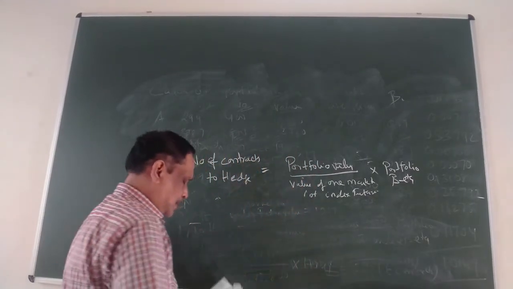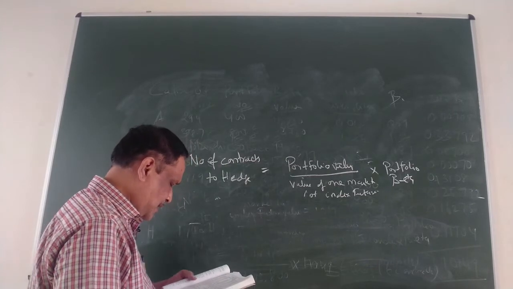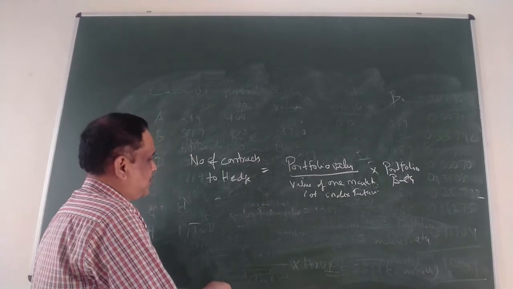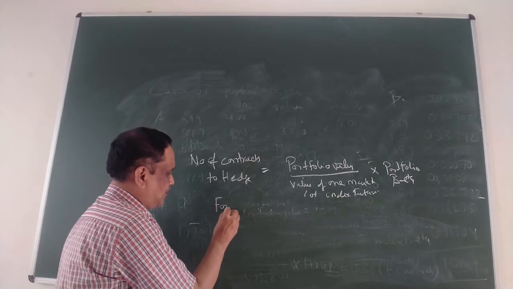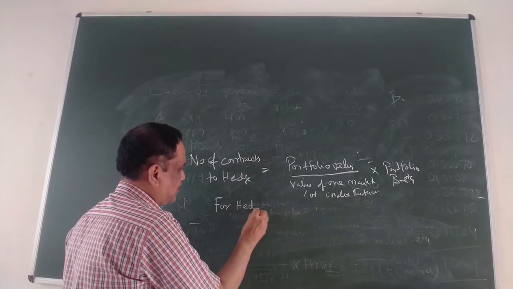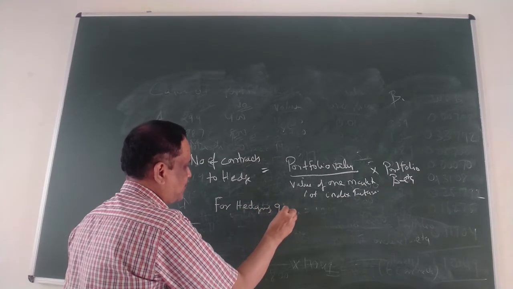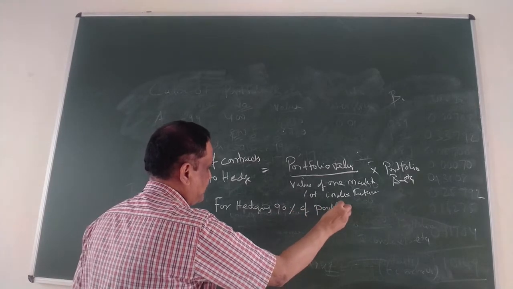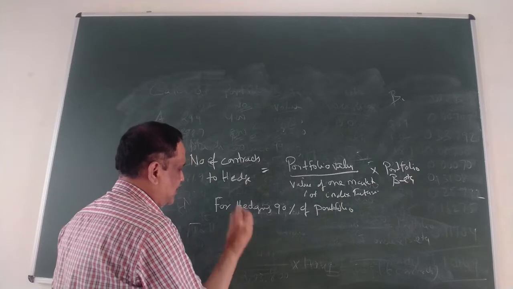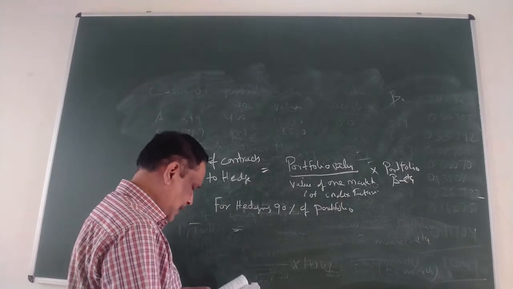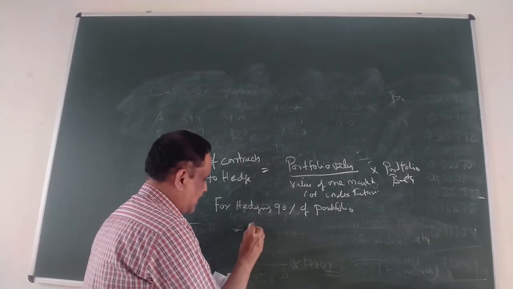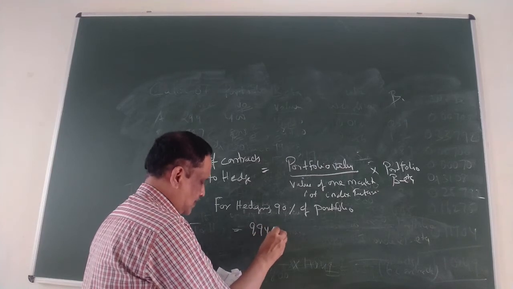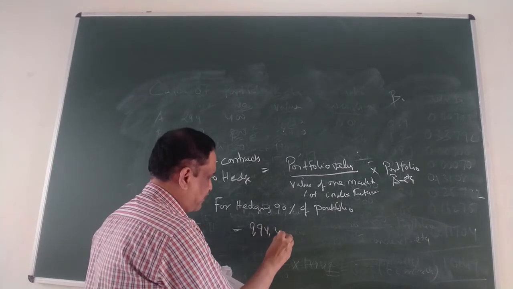The next one is they have asked for 90% of the portfolio hedging. For hedging 90% of the portfolio, the portfolio value is 9,94,450.